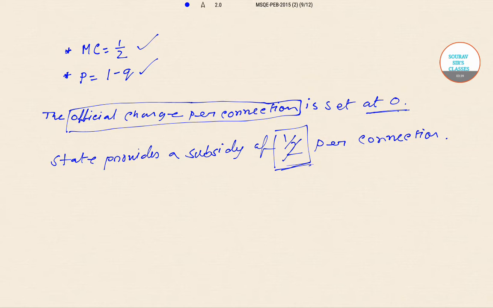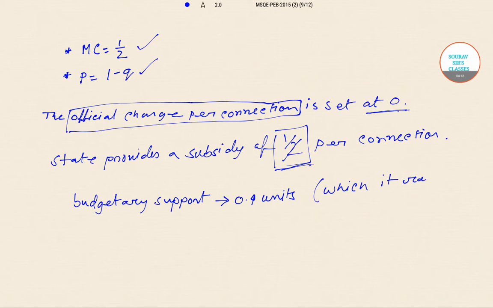Now the state can only provide budgetary support for the supply of 0.4 units, which it raises through taxes on consumers.